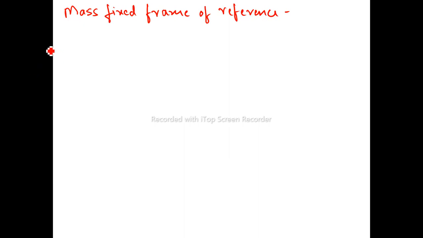That is, it is fixed on the local center of masses of all the components, and the net flux expressed in terms of the mass is 0.